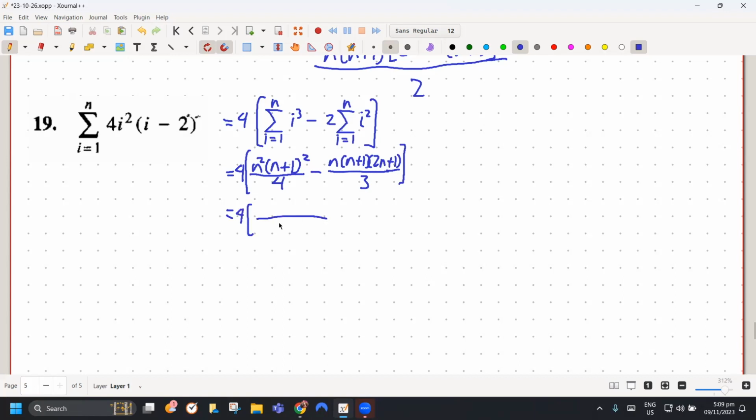So, this is something. It's 12. Tapos, n plus 1. May common factor ka ng n plus 1 sa lahat, di ba? So, this is 3 n plus 1 minus 4 2n plus 1.